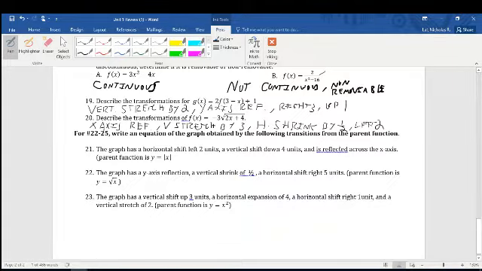So this function is going to be f of x is equal to the absolute value. We have it reflected across the x-axis, so a minus sign outside of the x term, x, left 2, plus 2, close the absolute value brackets, and then down 4.